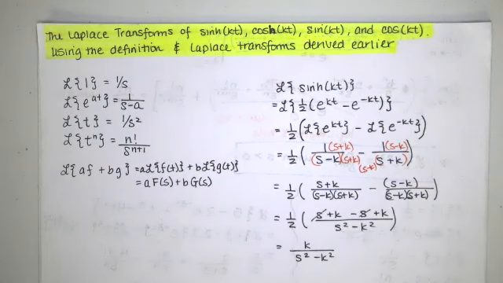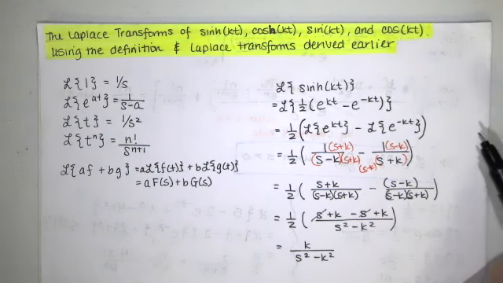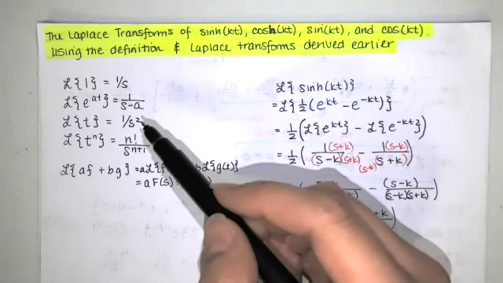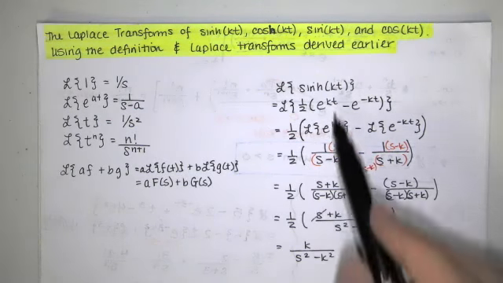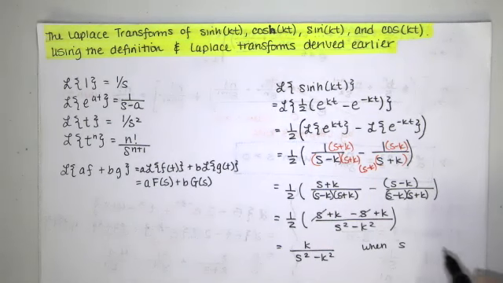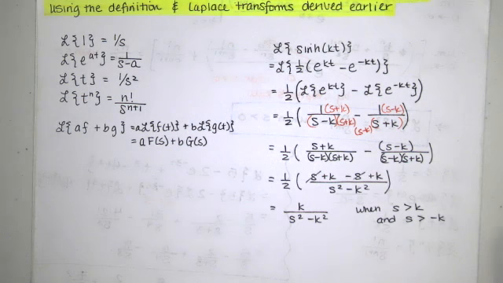So we have derived that formula just using the Laplace transforms of e to the kt and e to the -kt. Now, this was only equal to this provided that s was greater than a. So this really should only be equal to this when s is greater than k and s is greater than -k. Well, it really depends on whether k is positive or negative. I guess we're assuming that k is positive here.